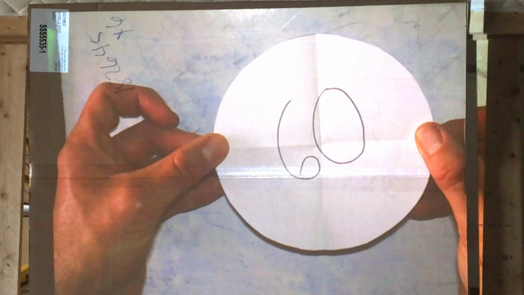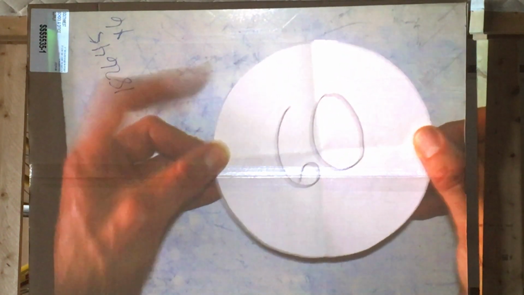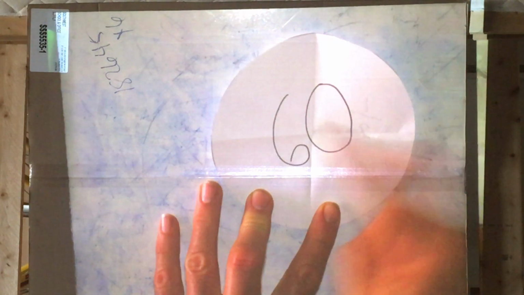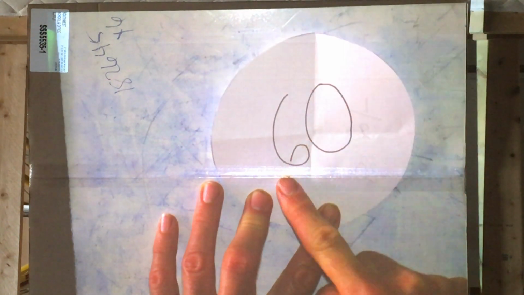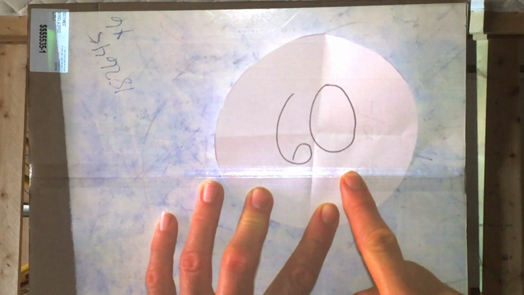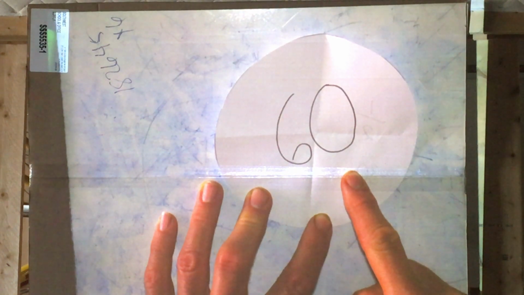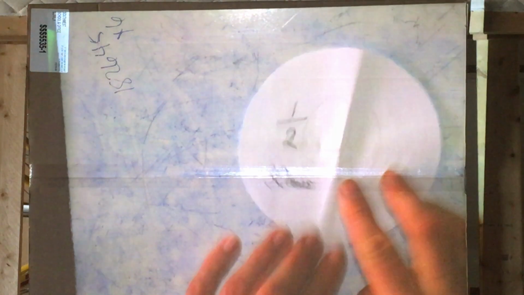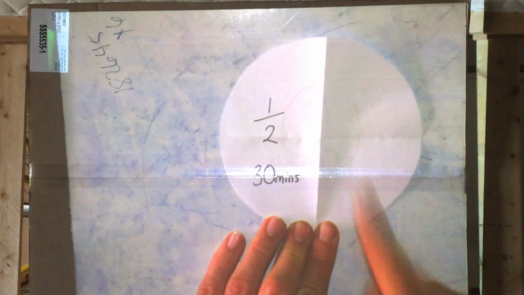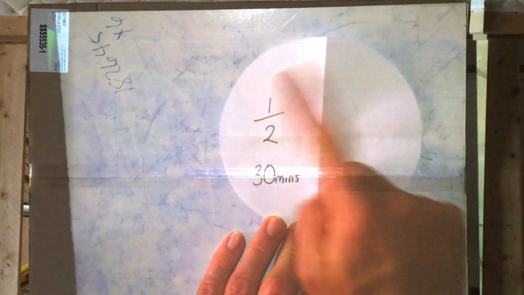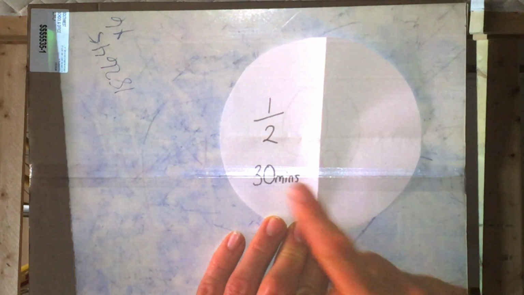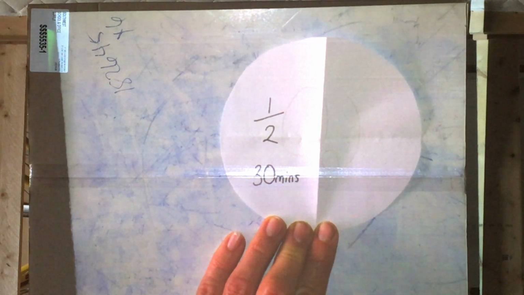And you can see there quite clearly where the folds are. We've now got 1, 2, 3, 4 equal parts. I'll turn it over here, so just to make sure it's the same on the other side. It's not quite as obvious, but one here, one here, one here, and one here. And that's going to make 4 equal parts.